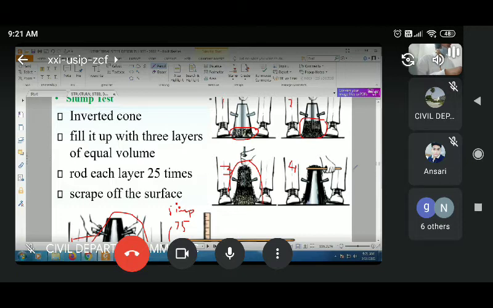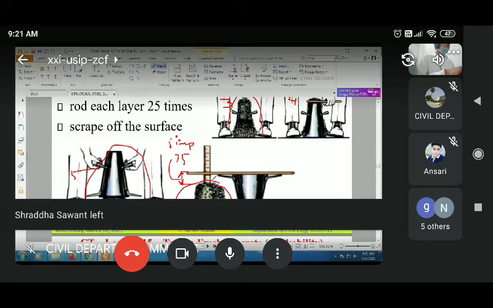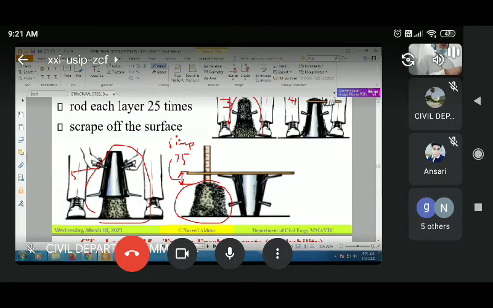Then strike out the excess concrete around the surface of your cone, and then lift the cone so that the slump takes place. Then your slump will be measured with the scale from the top of the cone to the slumped surface, and that will give the slump value.